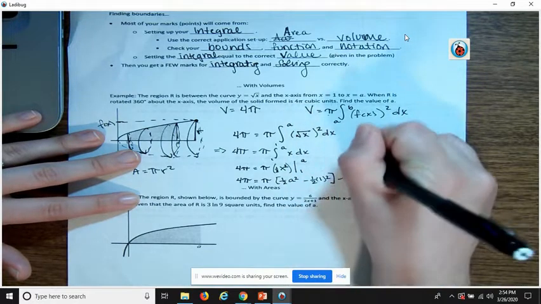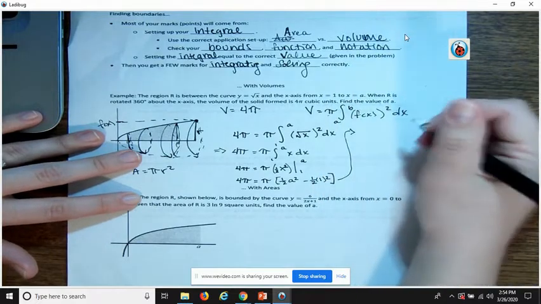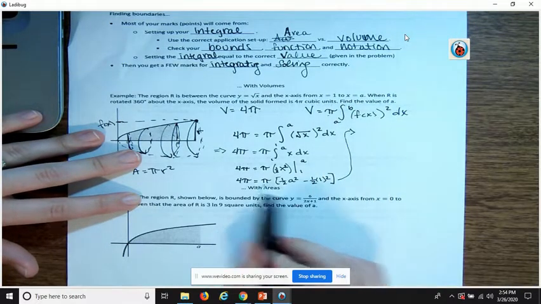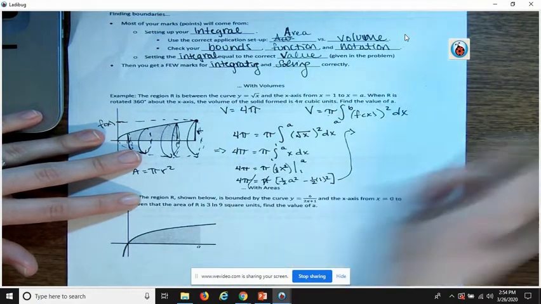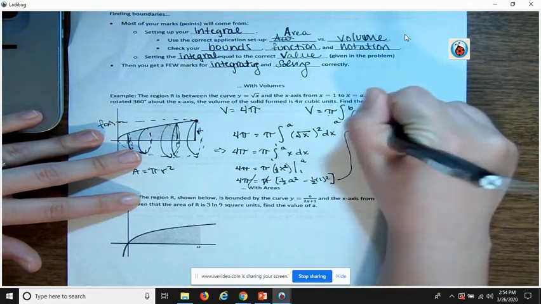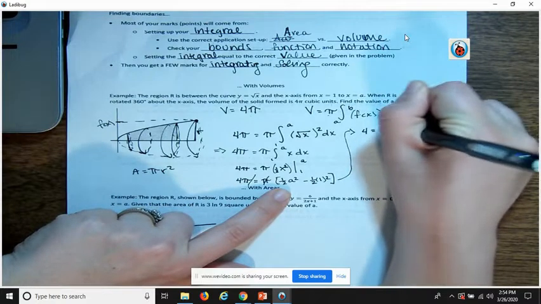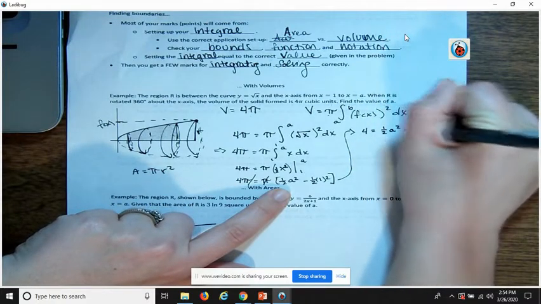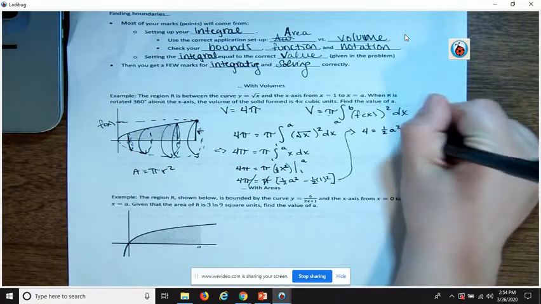Now my whole goal was to solve for a. So notice this pi is multiplied by every term over here, and we have a pi over there. We can just cancel those, get those out of the way. So we get 4 equals 1/2 a squared minus 1/2. Okay, add 1/2 to each side.